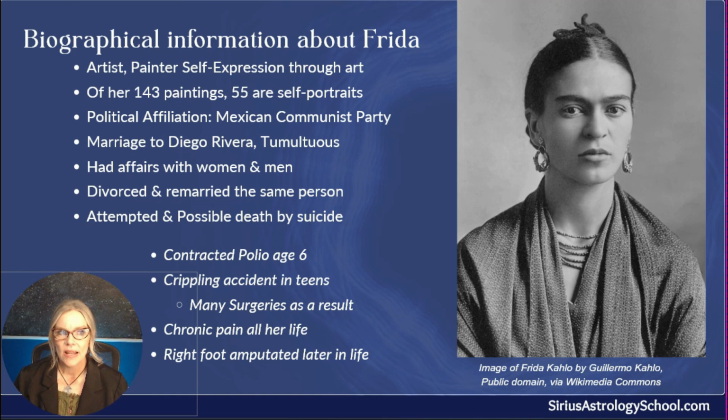She ended up having a fractured spine and many surgeries after that accident, so that was a really tragic thing for Frida. However, that didn't stop Frida from pursuing what she wanted to do. In fact, that's when she picked up painting, and that's what drove her to getting herself out onto the canvas.